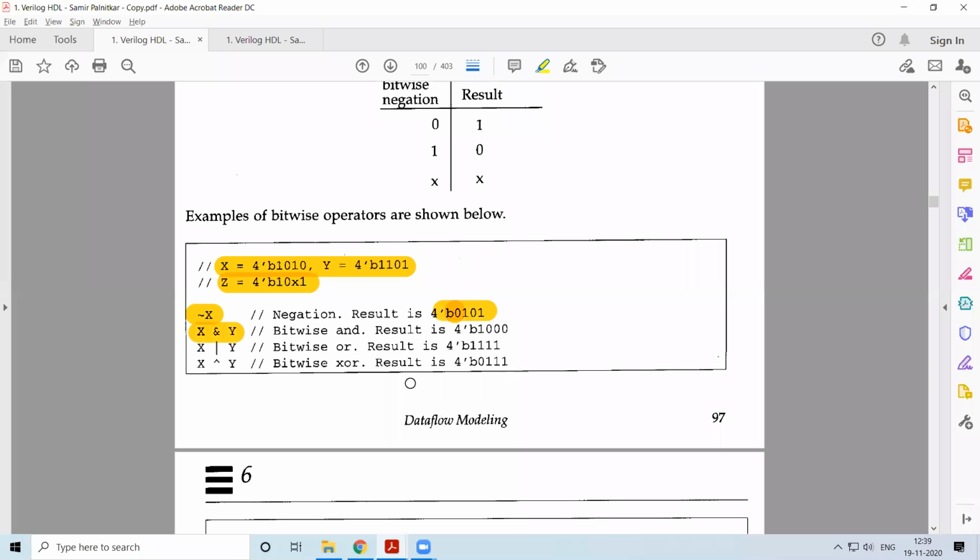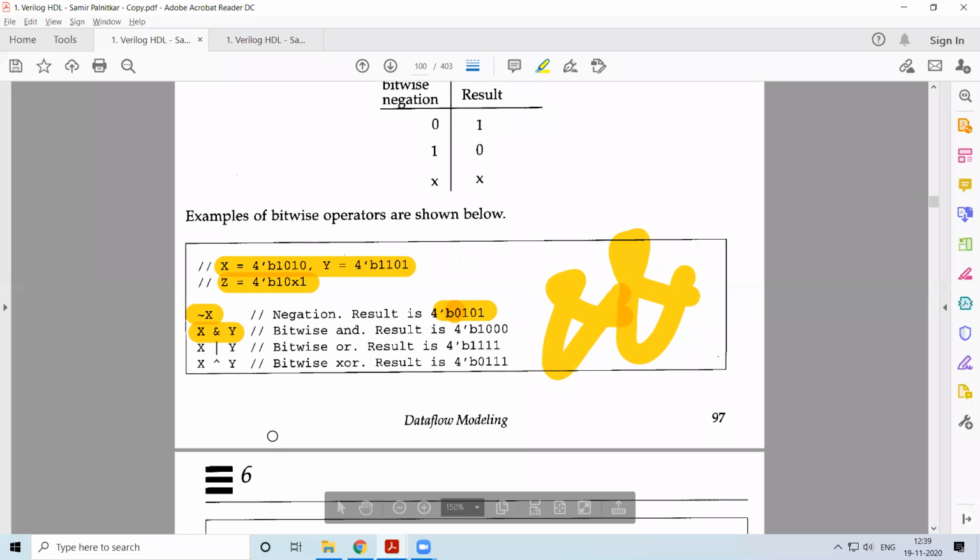Now there is one implication you have to check out: there is a slight difference between this and the logical AND. Here you can see that this is bitwise AND, which has one single ampersand. What this does is it takes X and Y, and bit by bit it performs the operation.